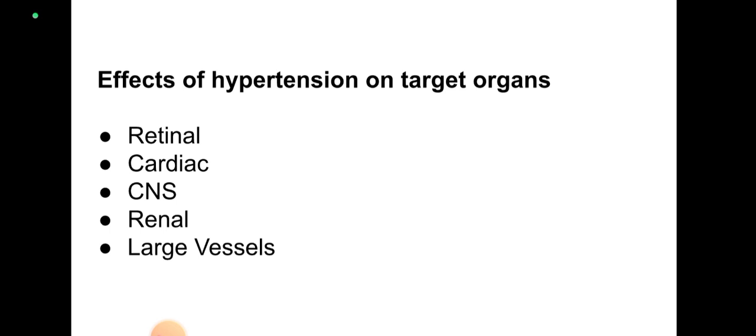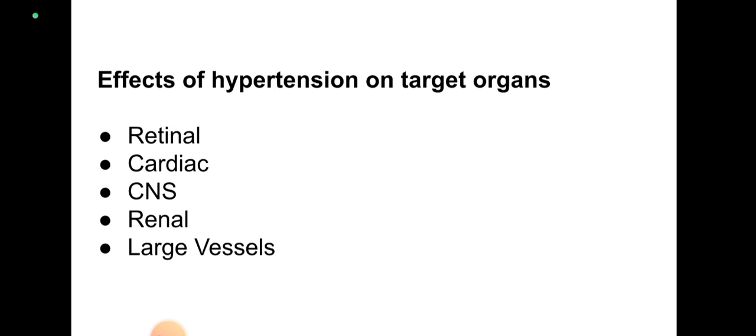Effects of hypertension in target organs may be retinal damage, or cardiac, CNS, renal, or large vessel effects. Renal changes depend on the severity of the hypertension, while cardiac effects include left ventricular hypertrophy, pulmonary edema, and high incidence of coronary artery disease, stroke, and transient ischemic attacks.